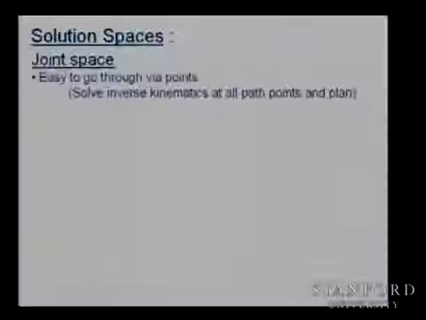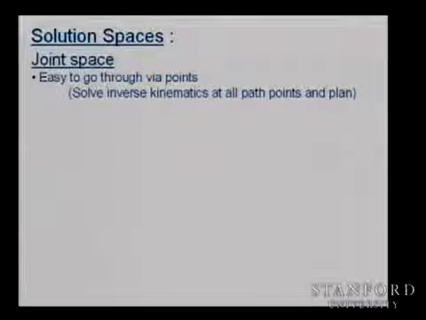We can look for the solution in several spaces, two main spaces really. There is the joint space for the manipulator. That's the native space for the manipulator, right? So in that case, it is easy to go through these intermediate points because we will know exactly what the joint configuration is going to be for the robot in these intermediate points.